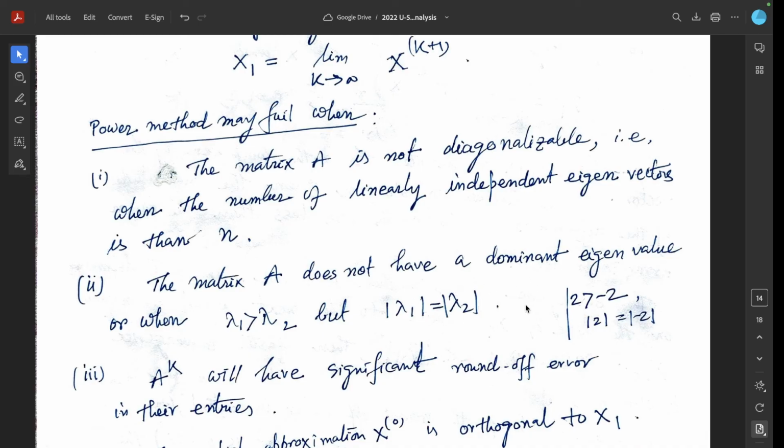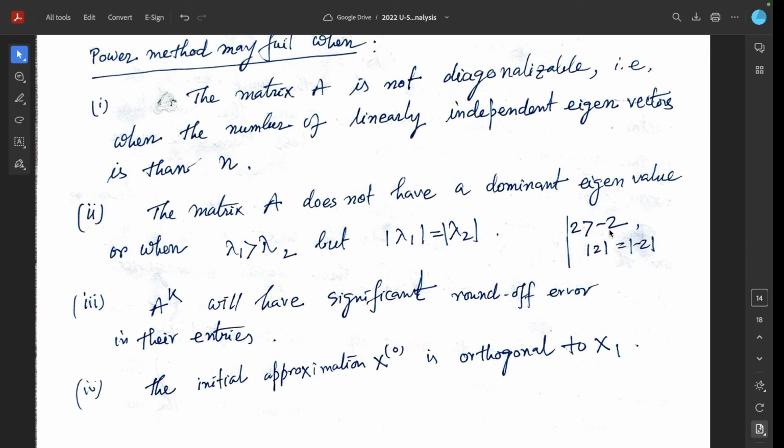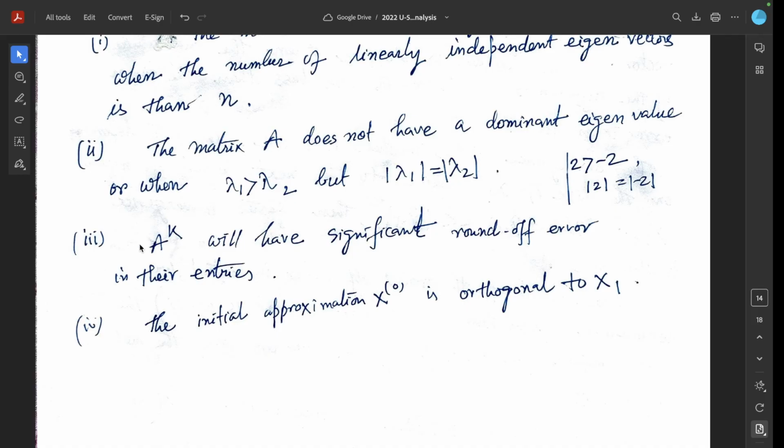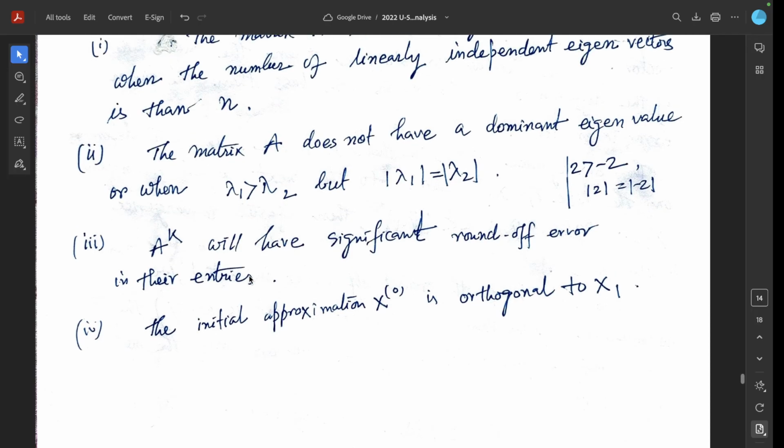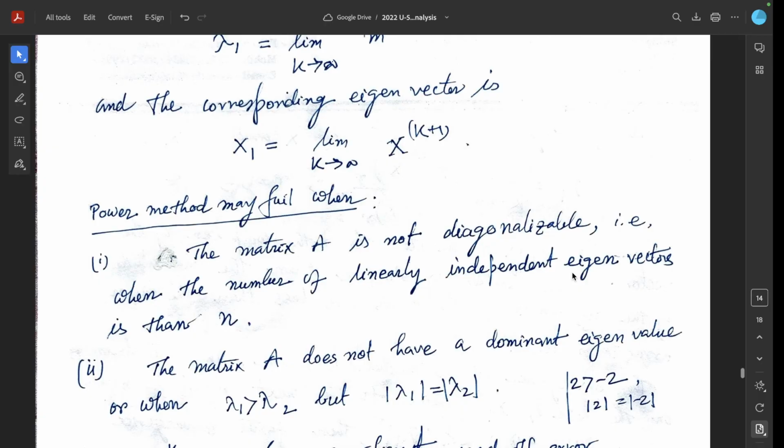So this does not have a numerically dominant eigenvalue. The power method also fails when A to the power k has significant round-off error in its entries, or when the initial approximation x0 is orthogonal to x1.